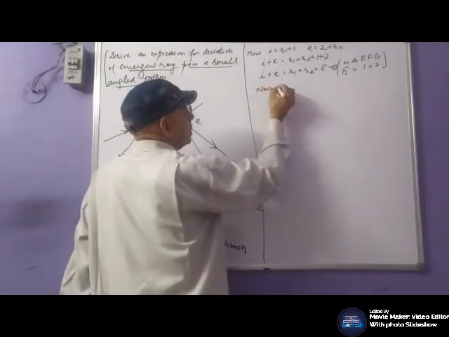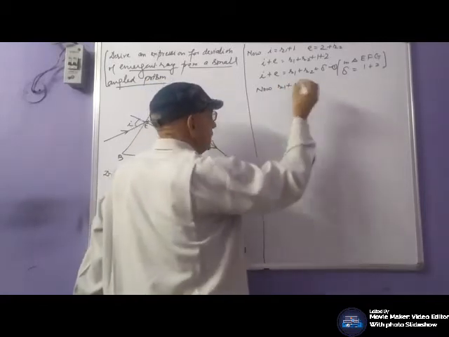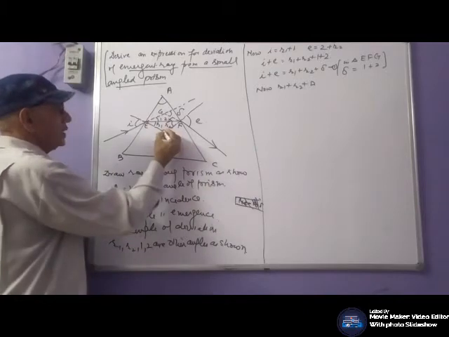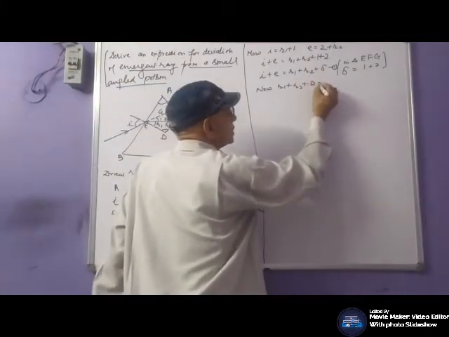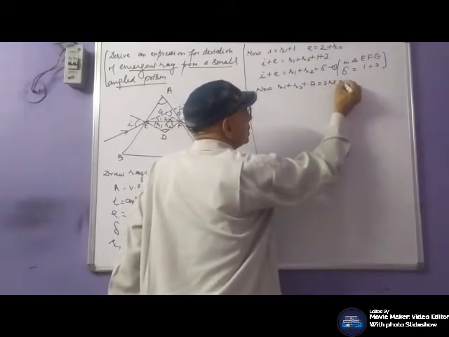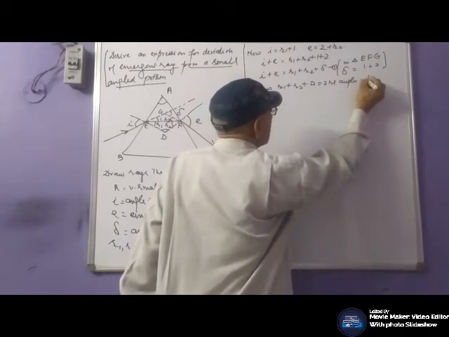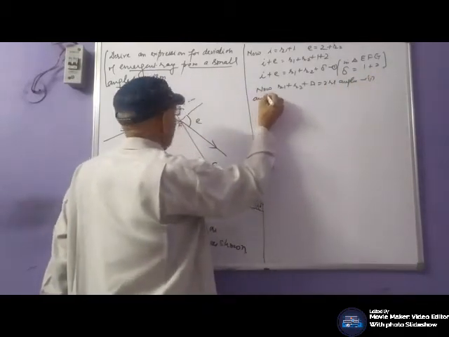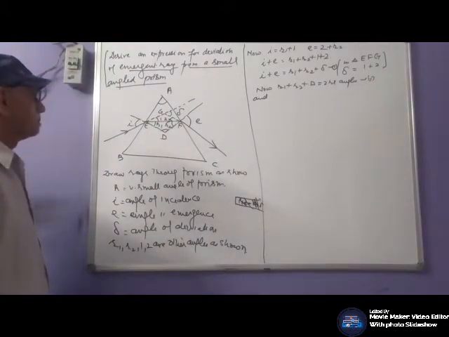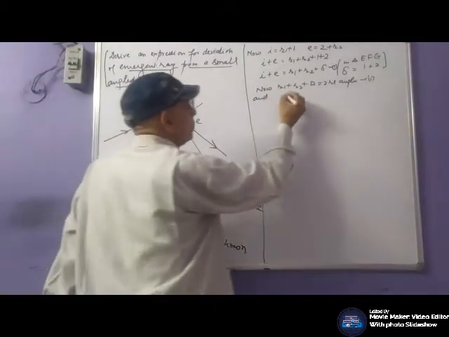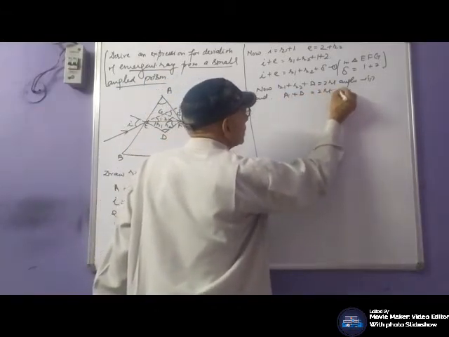Now R1 plus R2 plus capital D. This is that capital D. Two right angles. Second, and A plus D. Two right angles.